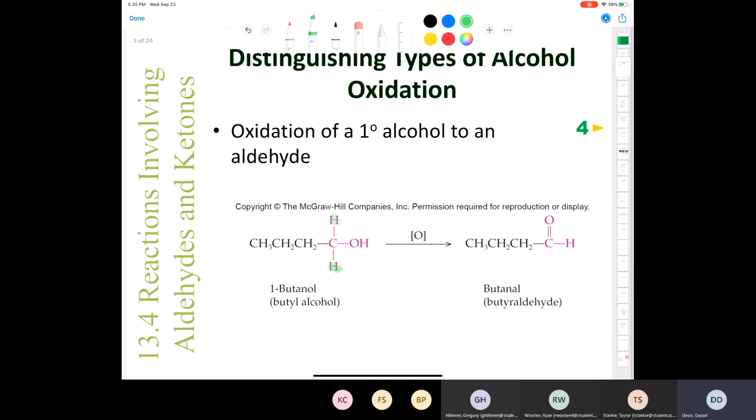We lost this one, and then we created a double bond between the carbon and the oxygen to make a carbonyl. Okay? If you want to say, well, I want to highlight this hydrogen and put the double bond like this, that works as well. Either way, as long as you understand you're going to lose two hydrogens and produce an aldehyde.